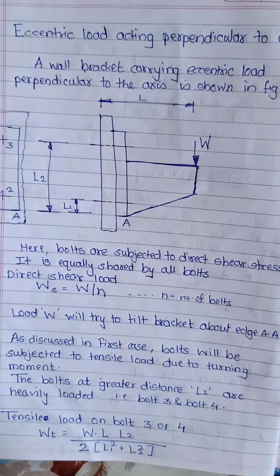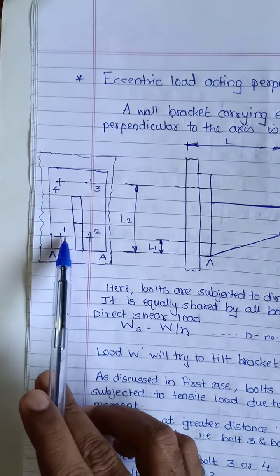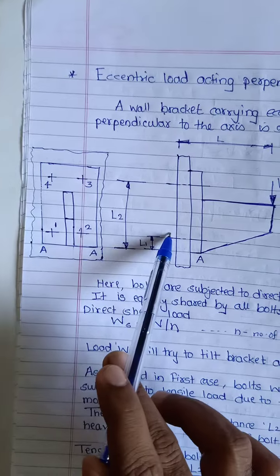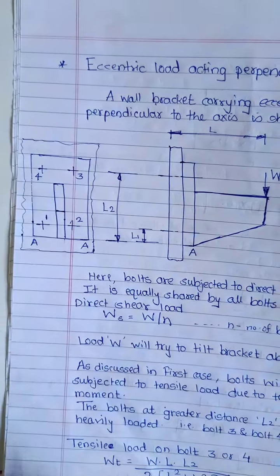Now in this case again we have two bolts at distance L1, and at L2 we have two bolts.